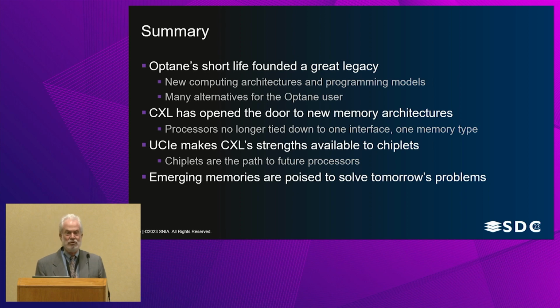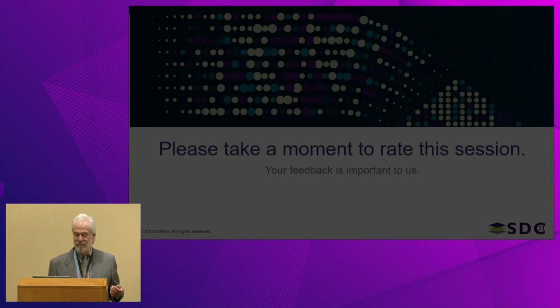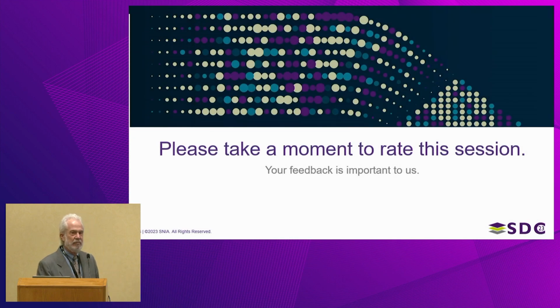CXL has opened the door to new memory architectures, and so the processors no longer need to be tied down to a single DDR4, DDR5 interface or a single memory type. UCIe takes CXL's strengths and makes them available to chiplets, and chiplets are the way that future processors are going to be made. So we think that emerging memories are going to really solve a lot of problems tomorrow through these changes. And with that, I'm going to open it up to more questions.